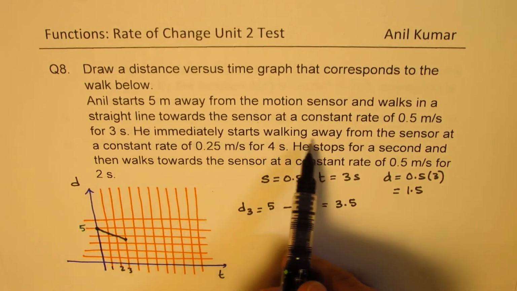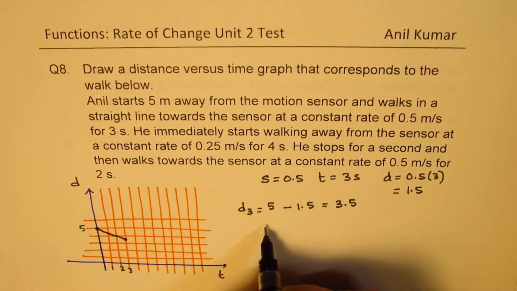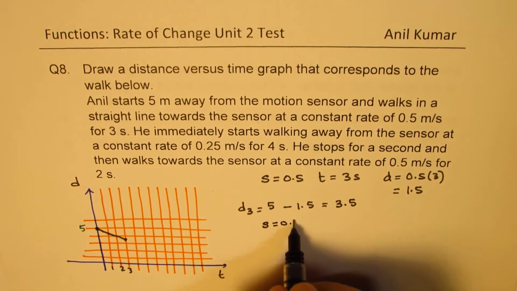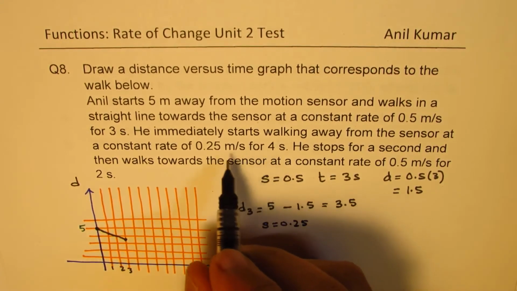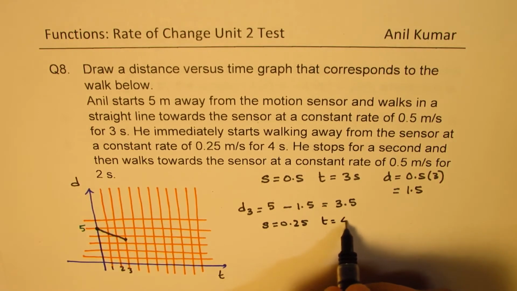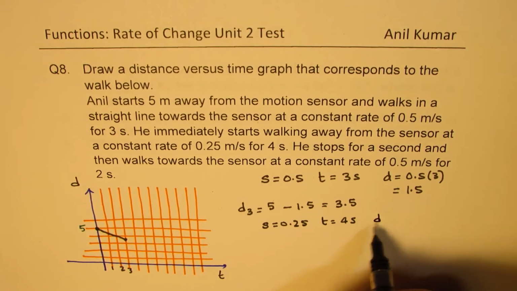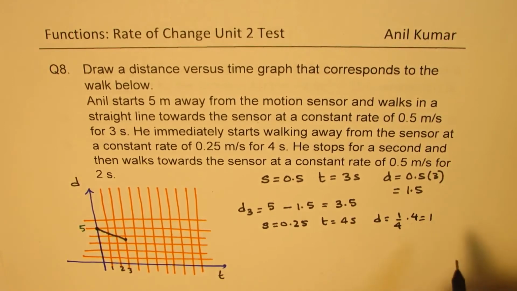He immediately starts walking away from the sensor at a rate of 0.25. Now the speed is 0.25 for 4 seconds, right? So time is 4 seconds. Now when you multiply, the distance covered during this time will be 0.25, which is 1/4, times 4, which is 1 unit.